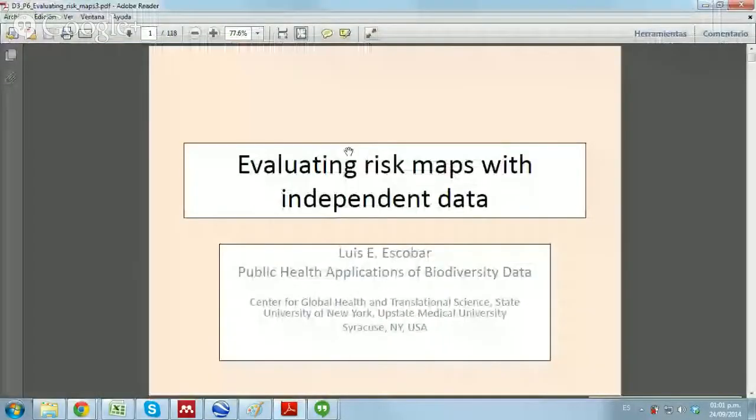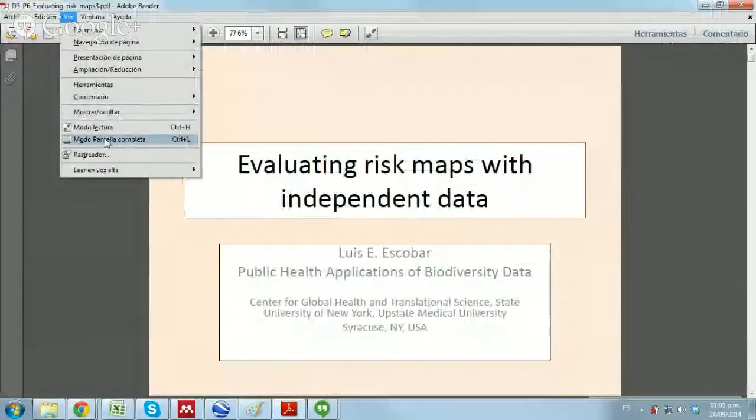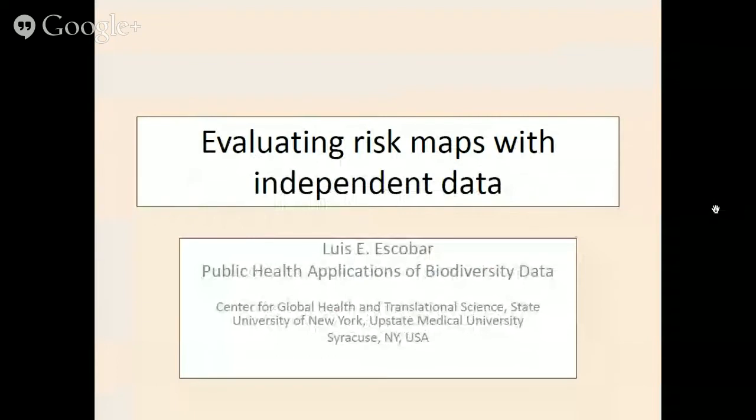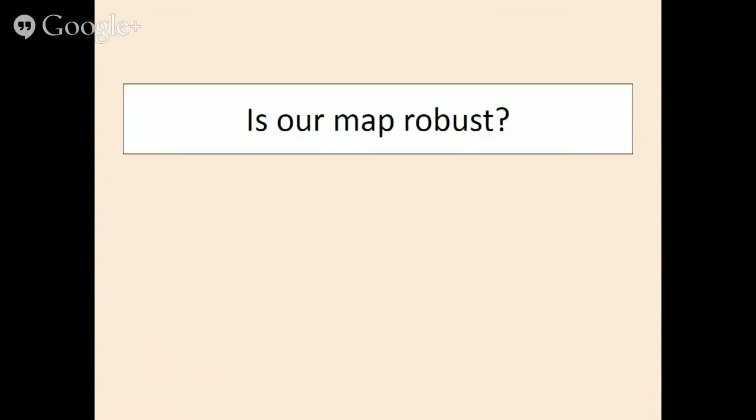But something good is that this topic is really amazing and is critical when modeling diseases. I'm going to talk about evaluating maps. So the question is: is our map robust?